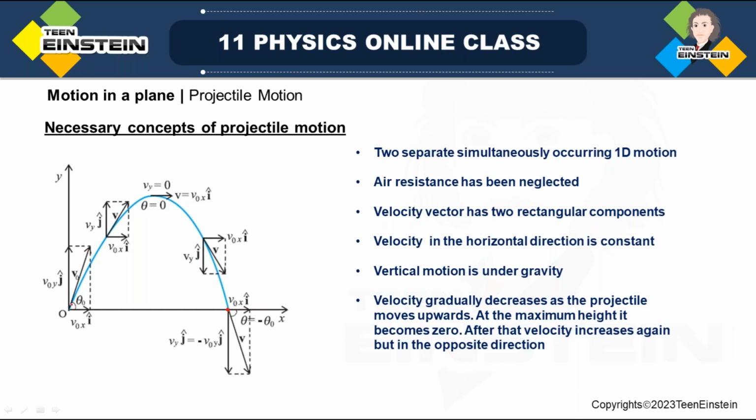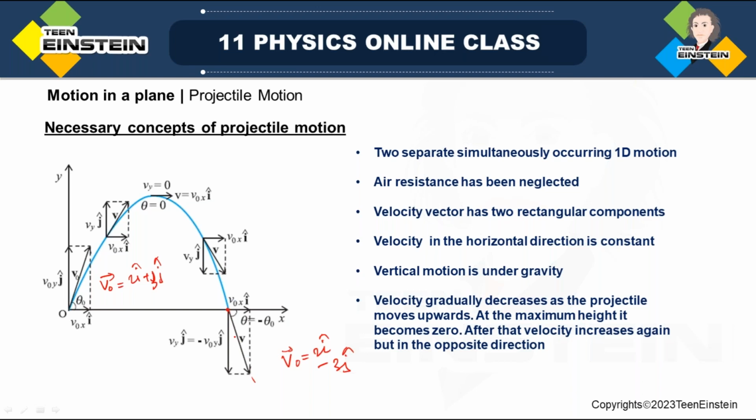Suppose here the velocity vector v0 is 2i cap plus 3j cap at this point. Where it lands, the magnitude of the velocity vector will be the same, but with a negative sign in the vertical velocity component, because the horizontal component doesn't change. So 2i minus 3j.